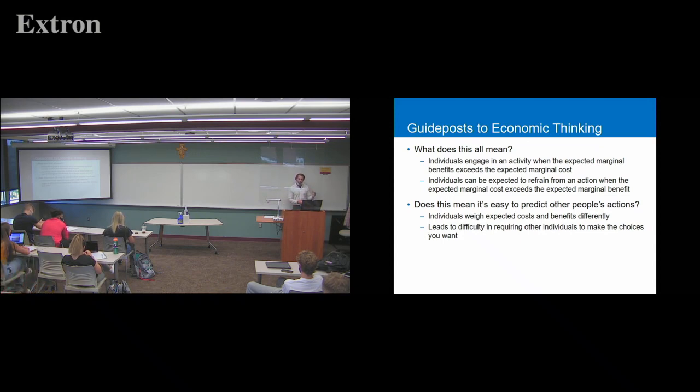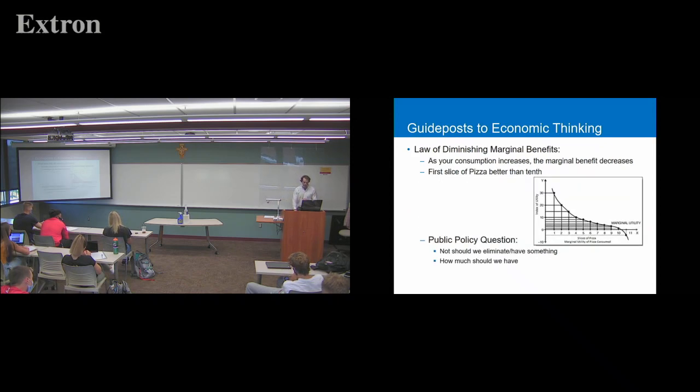But for each individual, because of the subjective value, because each individual determines how much something benefits them and how much it costs them, it's difficult to anticipate what each individual will do. So if you're trying to require someone to make the choice you want, or trying to trick them by changing the incentives so they do the thing you want, it's going to be very difficult to actually have that happen.